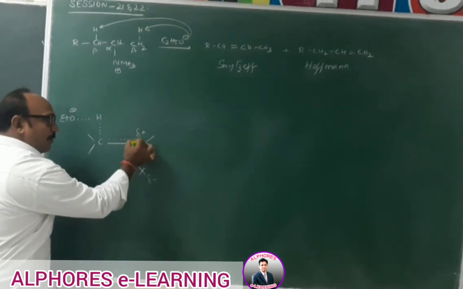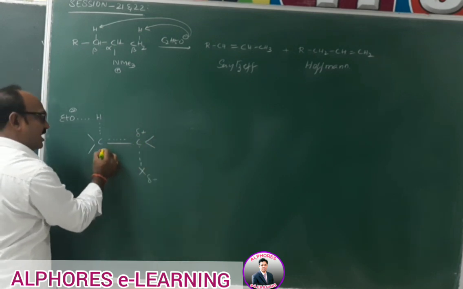Whenever this partial positive charge appears on this carbon, the next carbon is the beta carbon.